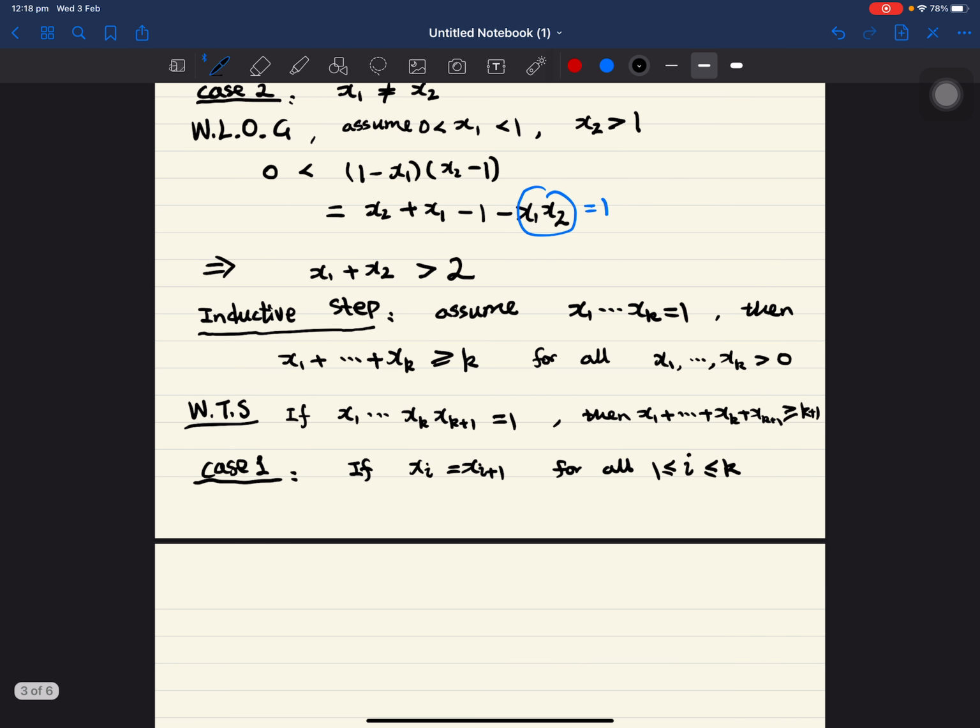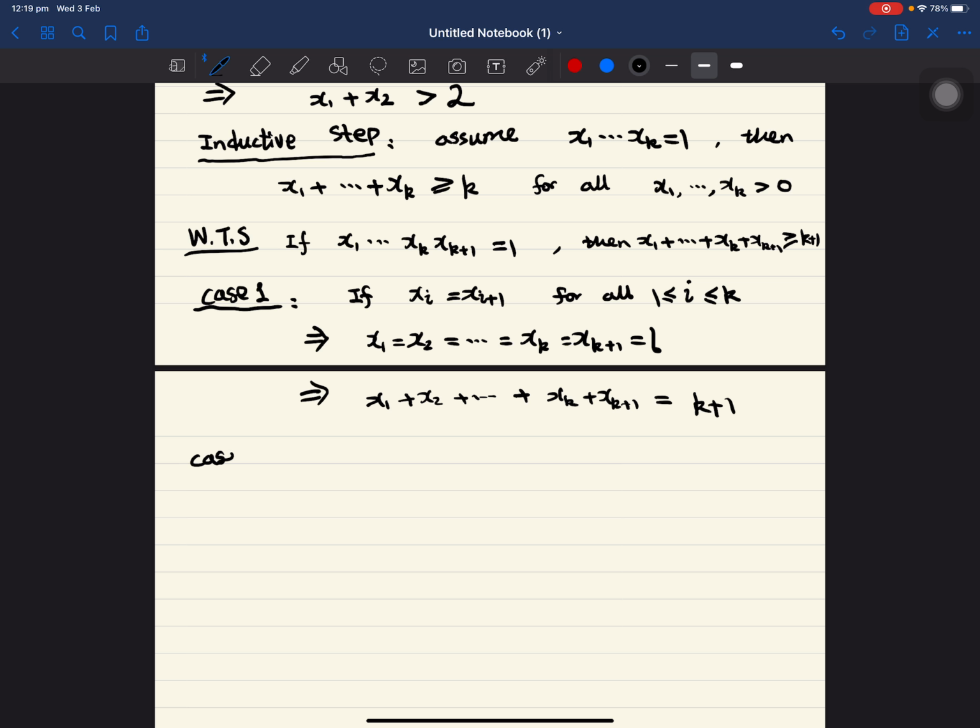And since their product is 1, that forces x1 equal to x2 all the way to x(k+1) equal to 1. Then we have that the sum x1 plus x2 plus all the way to x(k+1) is equal to k plus 1.